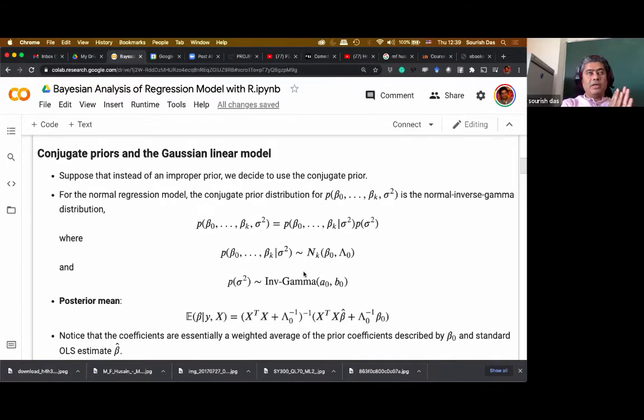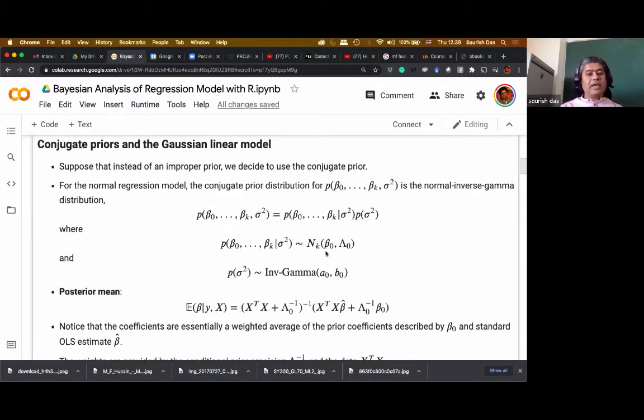The inverse gamma has full support from 0 to infinity, so it is defined on the positive side of the real line, and that is the best thing we can have.